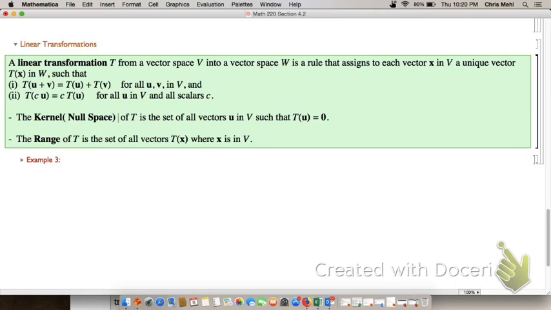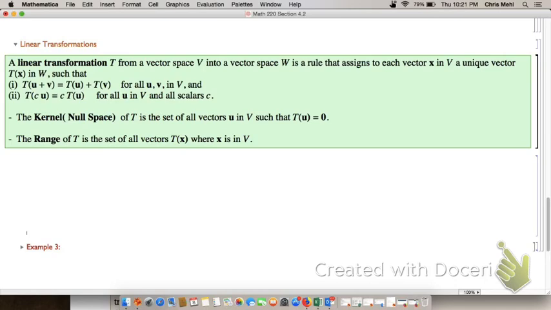So again, the main idea of this section is to take definitions that we have seen before in terms of Rn or Rm, and now just extend them to be applicable to any general vector spaces V and W.